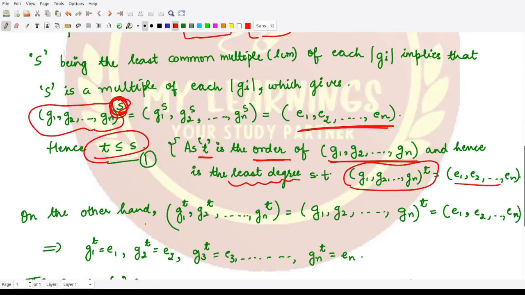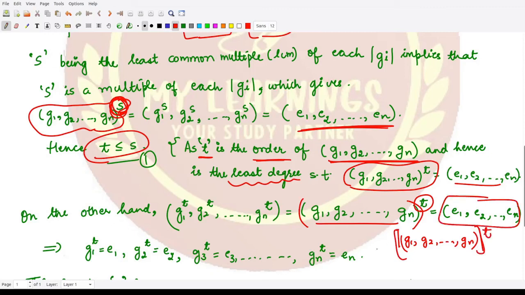Now on the other hand, if we consider g1 raised to power t, g2 raised to power t up to gn raised to power t, that would mean that we can take this power outside the whole of our element g1, g2 up to gn. And now because t was the order of this element g1, g2 up to gn, when we take this to the power t, we would have the identity element here.